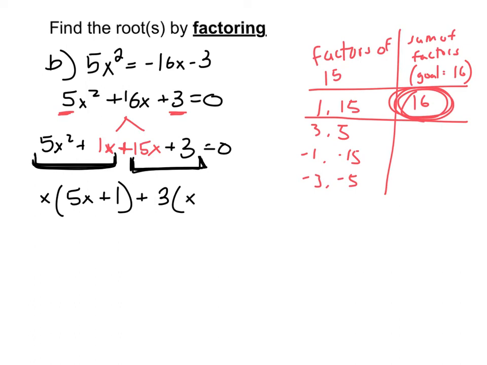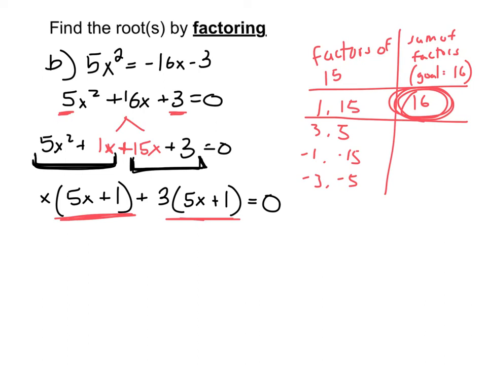And then I'll have 5x plus 1 left over. Now, you see these 2 terms are the same. These 2 terms will always be the same as long as you did this table correctly.